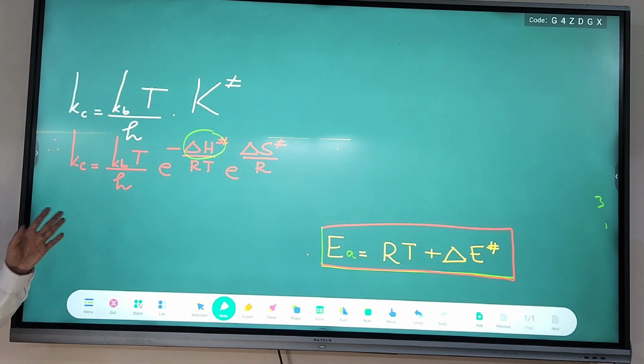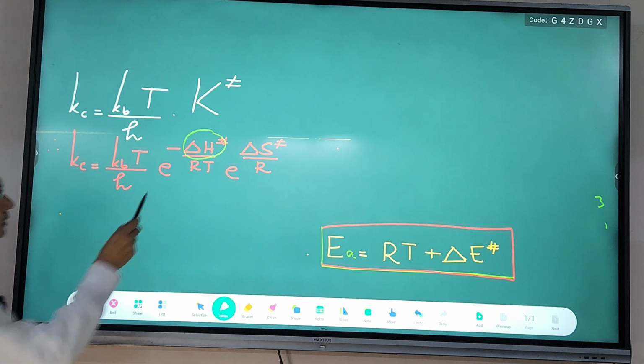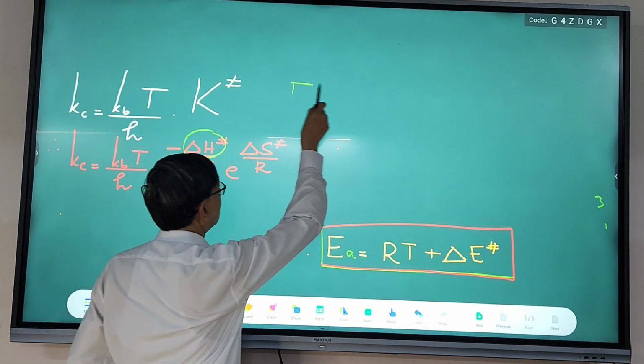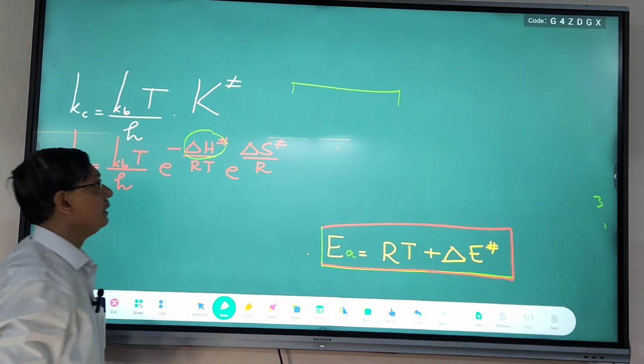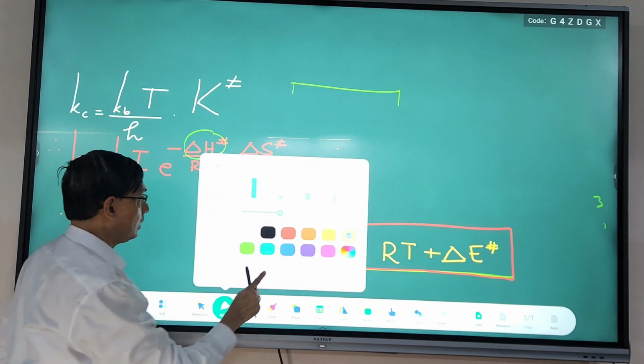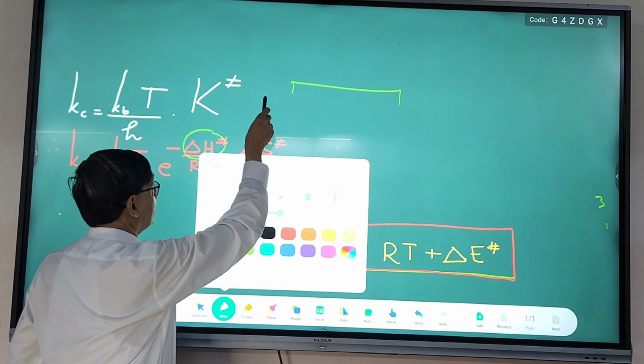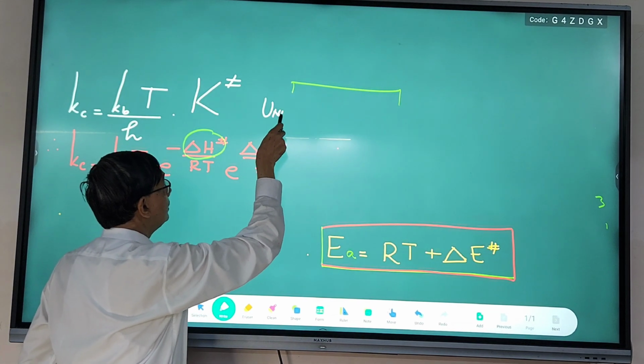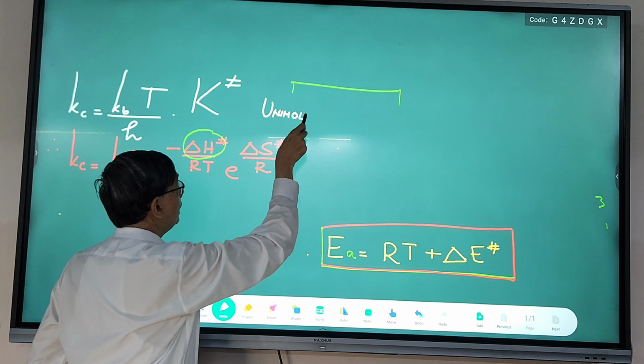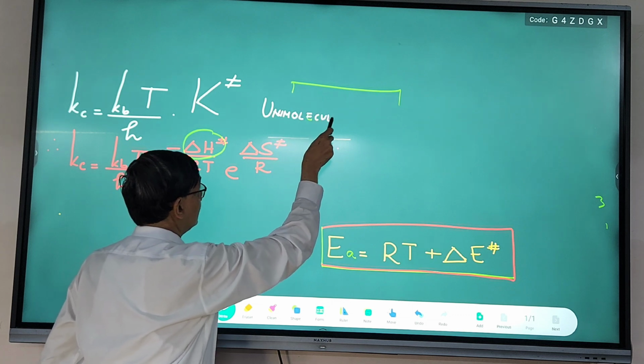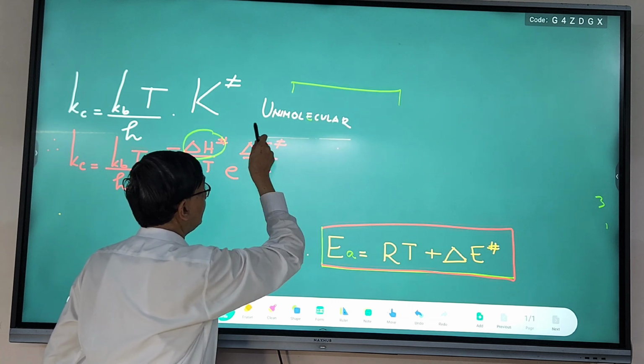Now again, as I told at first, there are two types of reaction. One is unimolecular, sometimes for solution and the like.